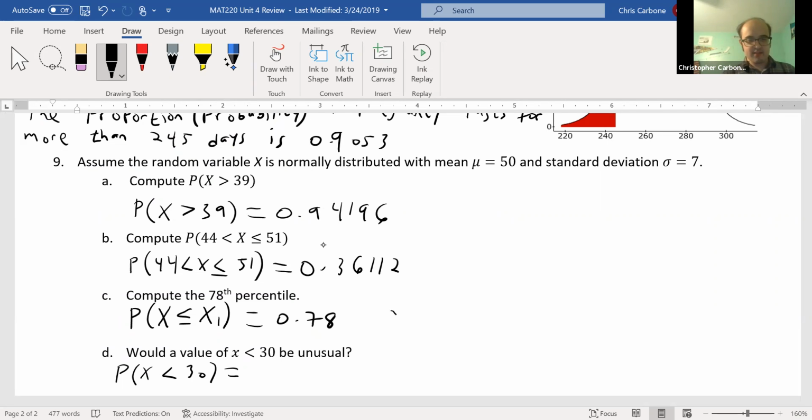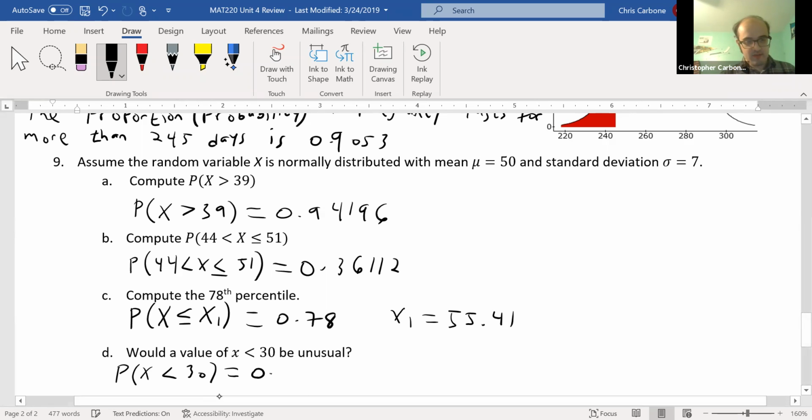The 78th percentile, x sub 1, is the value of 55.41. For the probability of x being less than 30, that was 0.0021. And for that matter, 0.0021 is indeed a small number, right? This is less than 5%. So yes, this is unusual.